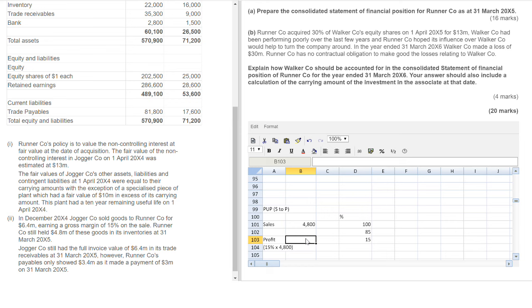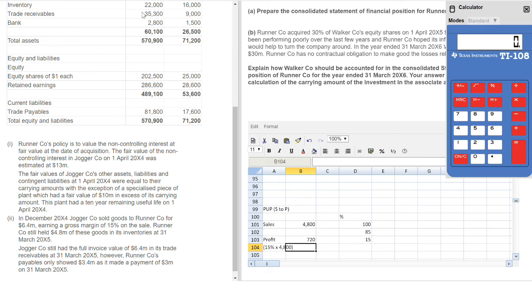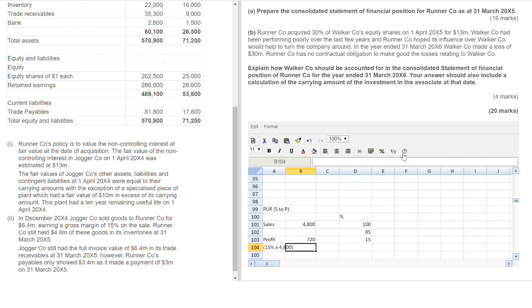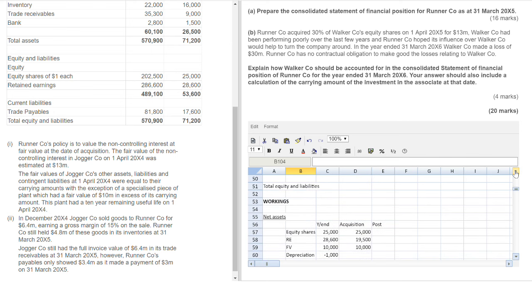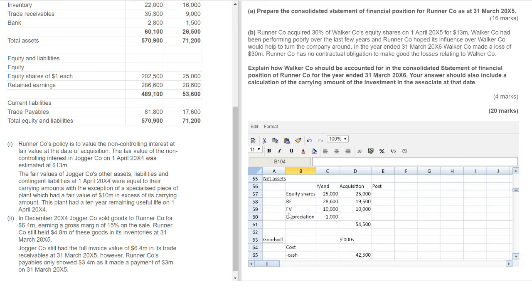Does that work out at 720? Should we just double check? 0.15 times 4,800 is 720. There we go. So you have a PUP, a provision for unrealized profit, of 720. S sold it to P. So we're going to have to go through there and adjust.